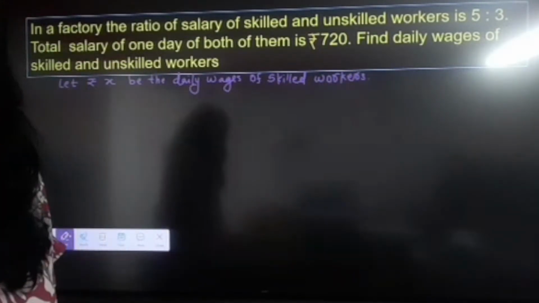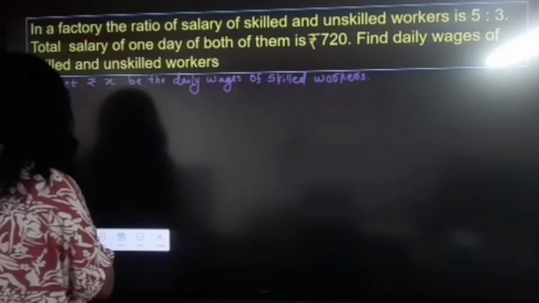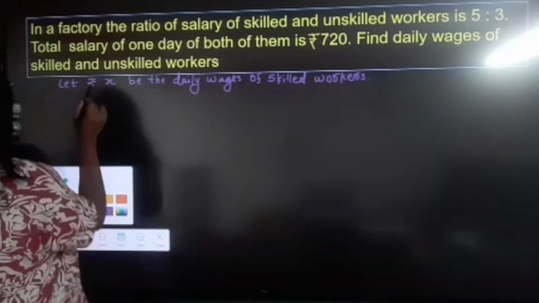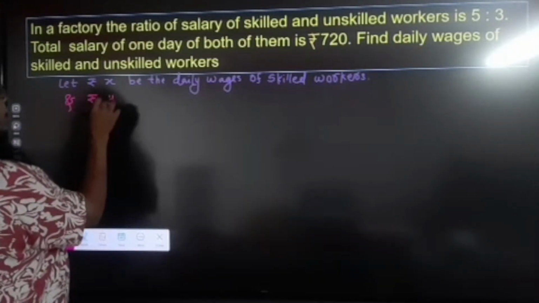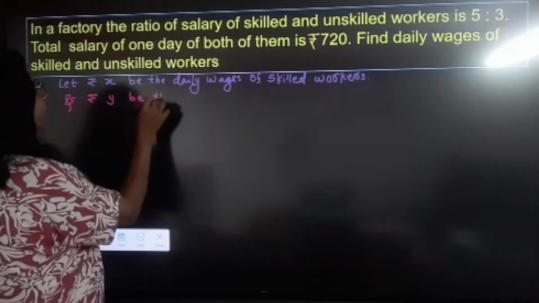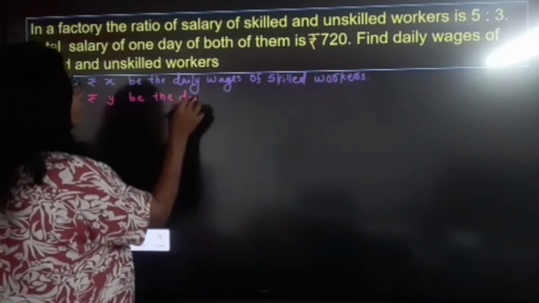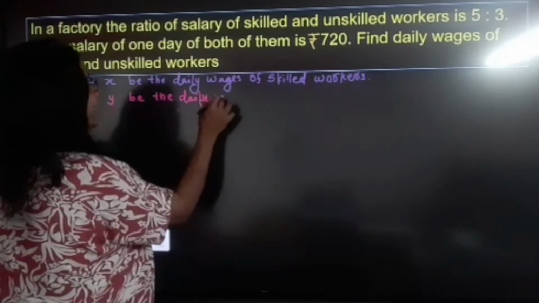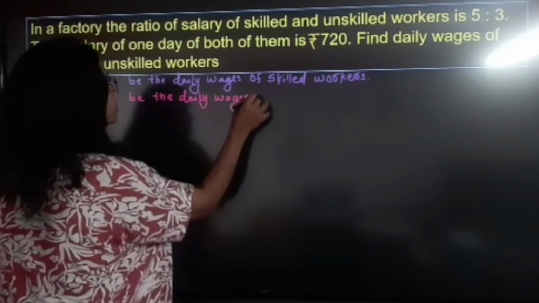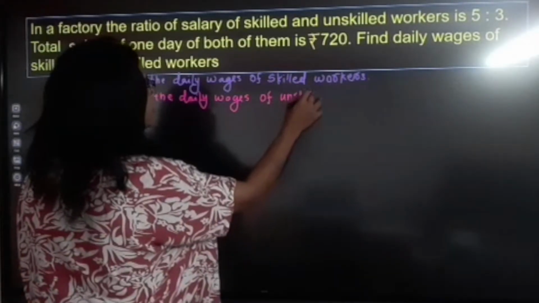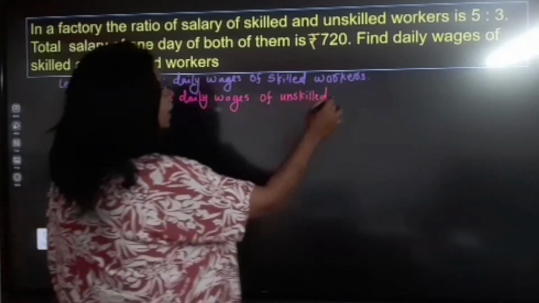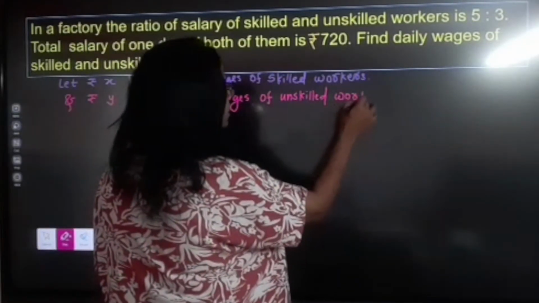And then I write here, rupees Y be the daily wages of unskilled workers.